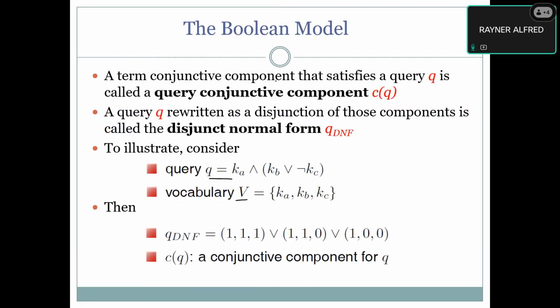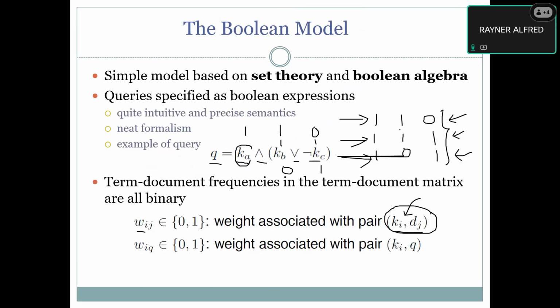A term conjunctive component that satisfies a query is called a query conjunctive component. A query rewritten as a disjunction of those components is called disjunctive normal form. This is the disjunction because they use OR here to combine the conjunctive components, because we have 3 patterns that we are looking at, either this or this.